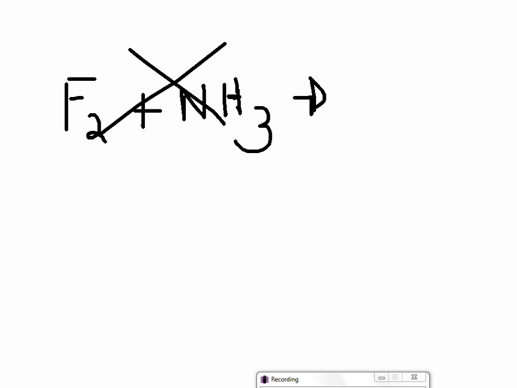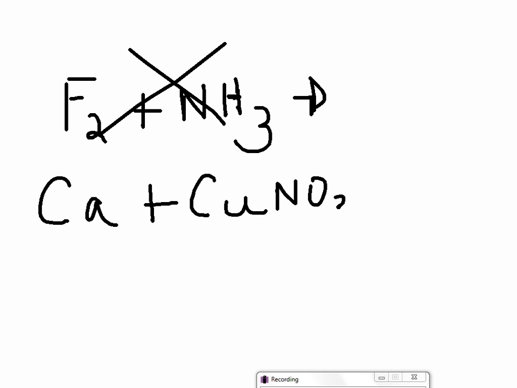What if we had another metal, for example, like calcium, reacting with copper 2 nitrate? If you go back to that activity series, calcium would remove it out of the way. So there's a pattern here.